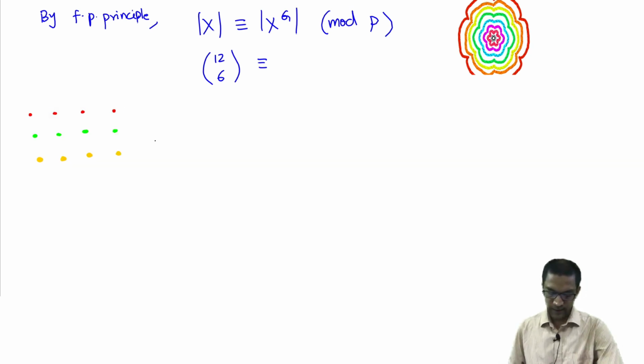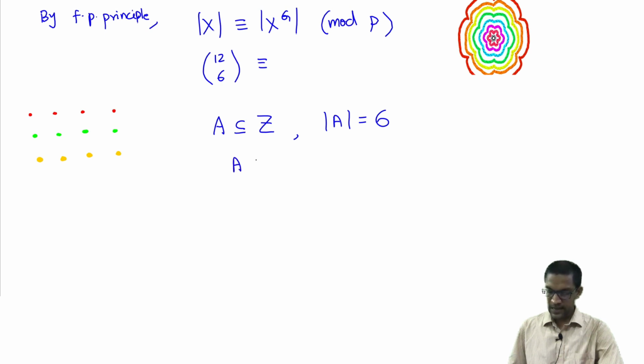So here's a grid again. Suppose I have a 6 element subset of these 12 dots. Let's take A to be a subset of this grid of dots, and A, let's say, has 6 elements. Now the question is, when does A belong to the set of fixed points?